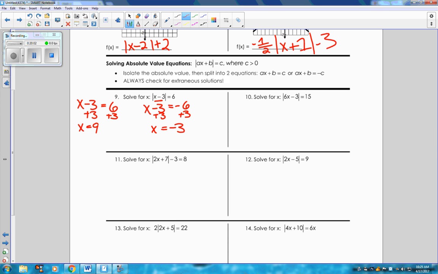You will not always have two answers. You might only have one true answer, or you might not even have an answer. It might be a no solution. Always check your answer. If I plug in 9 for x, 9 minus 3 is 6. Absolute value of 6 is 6, this one works.